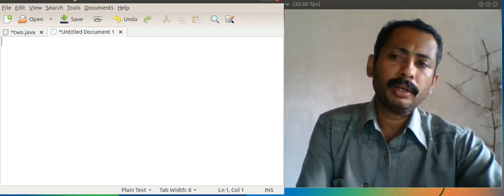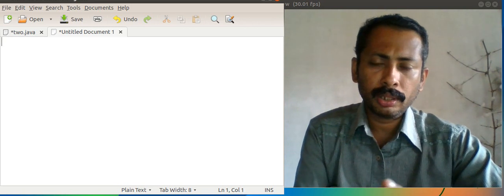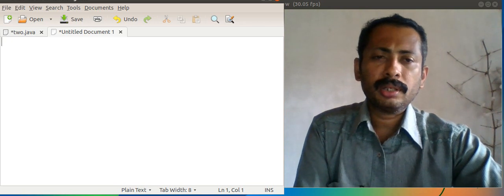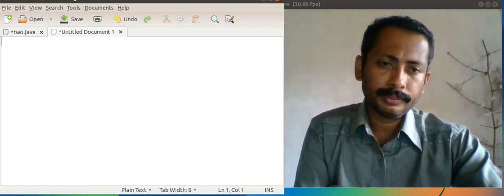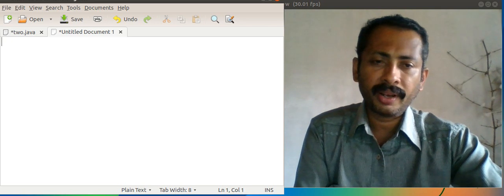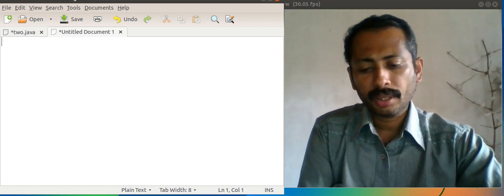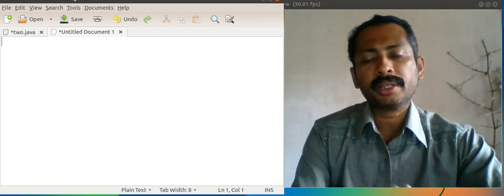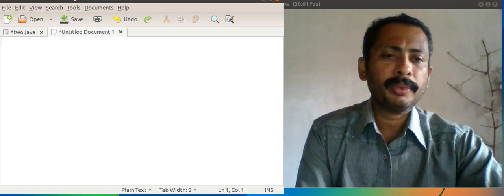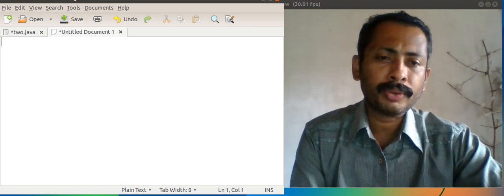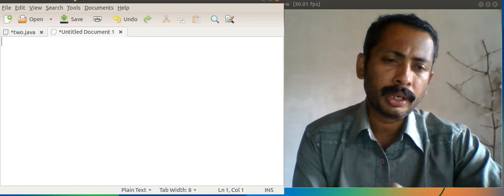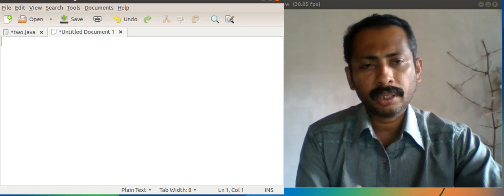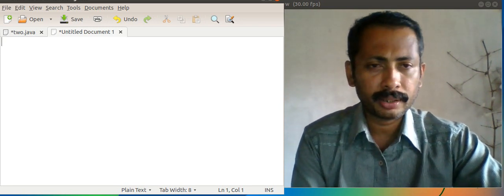Some programs will be storing this data and information to a file, so that it may be available in the file always, in the hard disk. And some programs will be having some database concept. Database concept means the software will be storing the data and information in a database, such as SQL, Access or something like that.